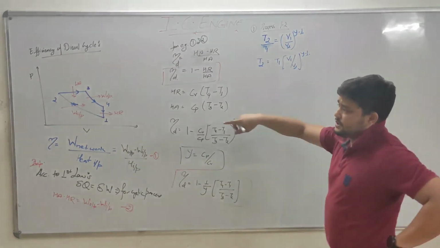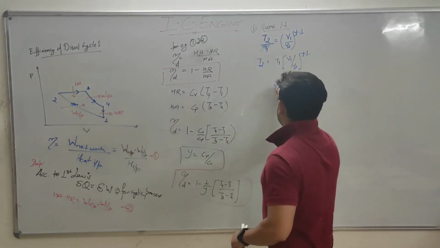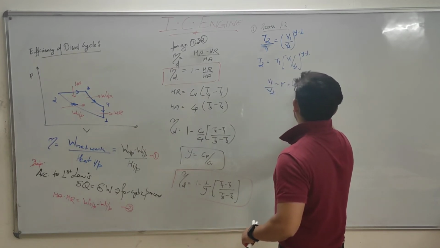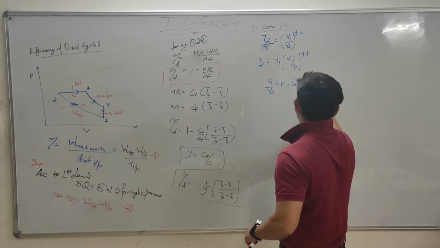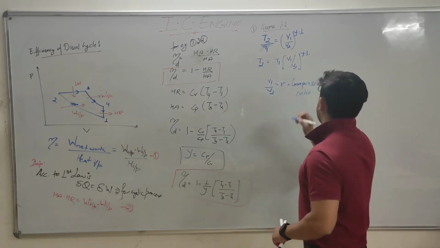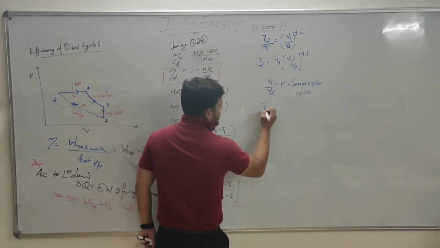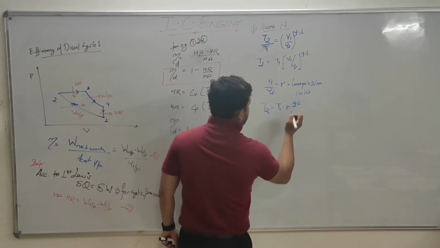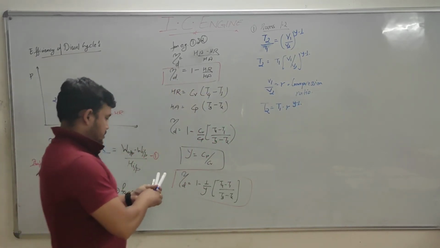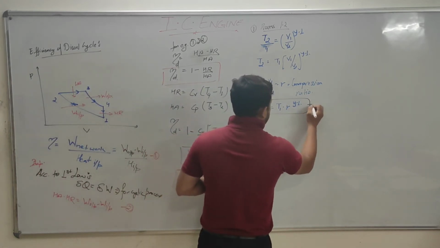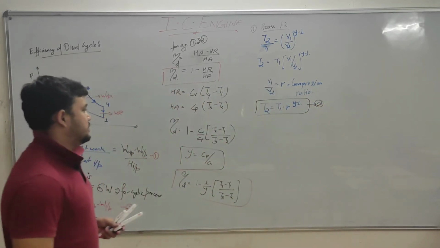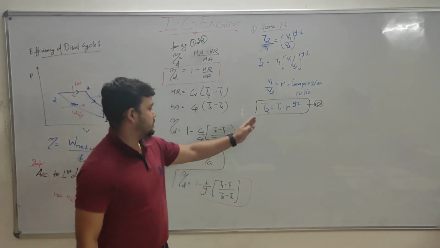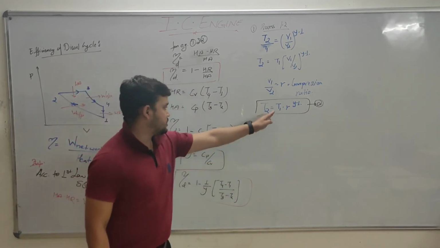Since adiabatic compression takes place here, V1 upon V2 is equal to r, the compression ratio. So T2 is equal to T1 times r to the power gamma minus 1. This is equation A. From this equation we are able to express T2 as a function of T1.